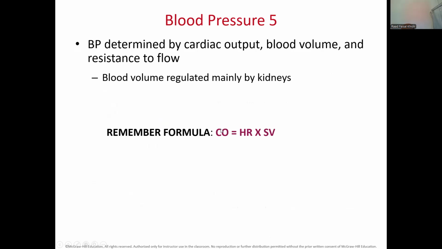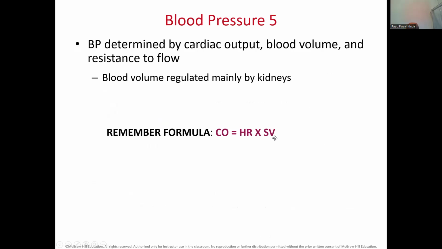This formula: cardiac output equals heart rate multiplied by stroke volume. We discussed this formula last week, and we said diuretics make you pee a lot of water, depleting water from your blood volume, and that's going to bring down the stroke volume.